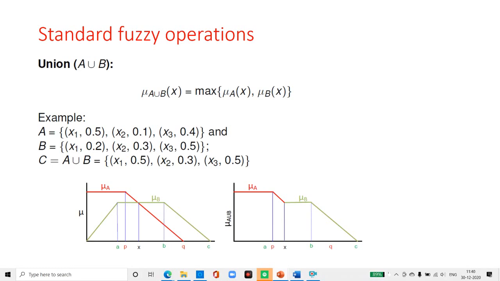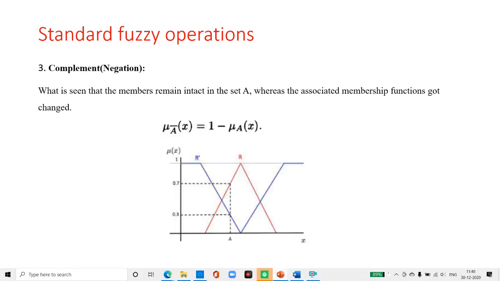So the third operation is complement, that is negation. So now it is fuzzy complementation. What is complement? This particular triangle function is the fuzzy set R. The red region is the region we are generating, that is set R in red color.